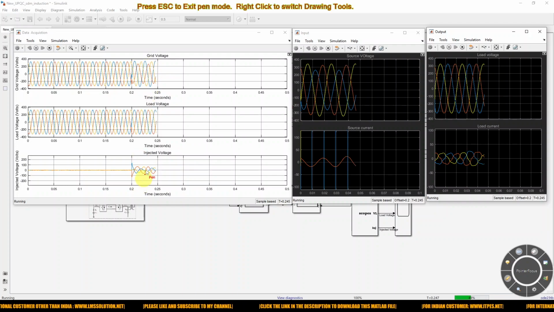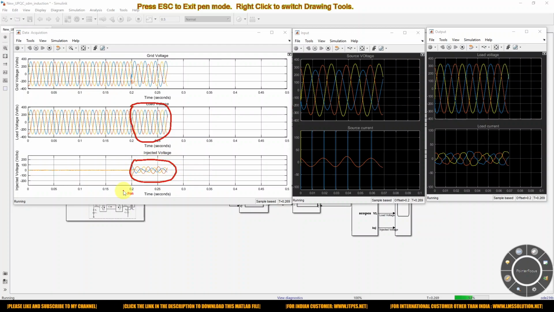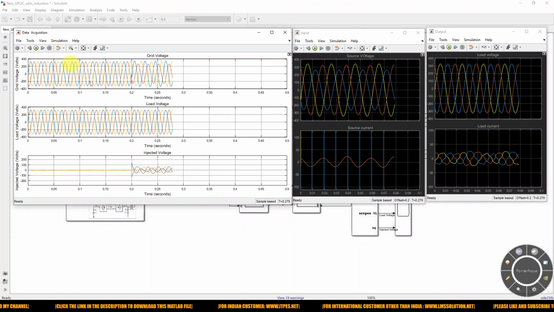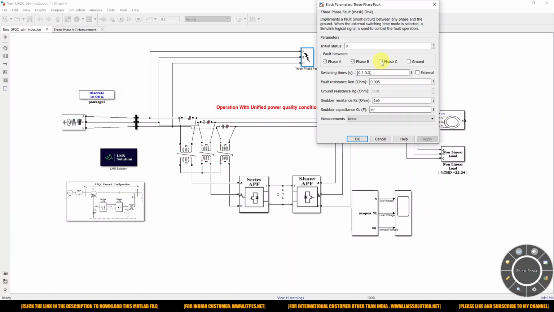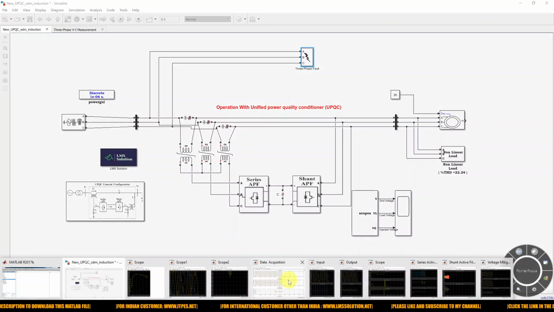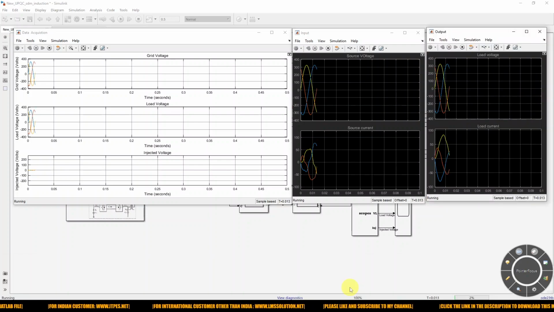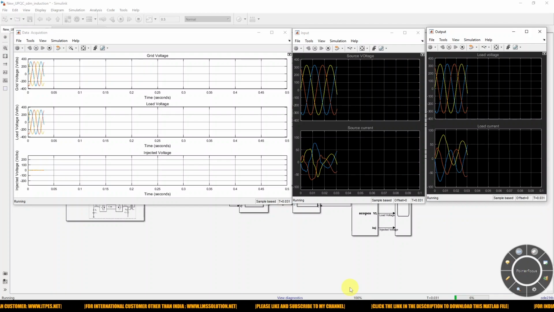But you can see here that the load voltage is maintained at 1 per unit, because of this injection voltage from the UPQC. Next I'm going to show the result for double line to ground fault. At 0.2 second, the double line to ground fault is created in the system.